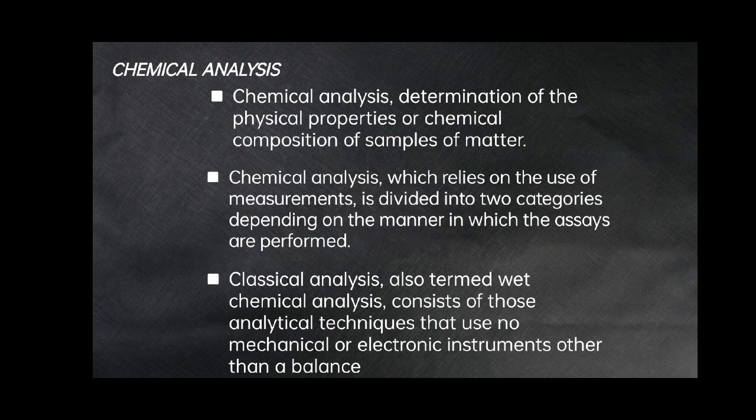Chemical analysis, which relies on the use of measurement, is divided into two groups depending on the manner in which the assays are performed. Number 3. Classical analysis, also termed wet chemical analysis, consists of those analytical techniques that use no mechanical or electronic instruments other than a balance.